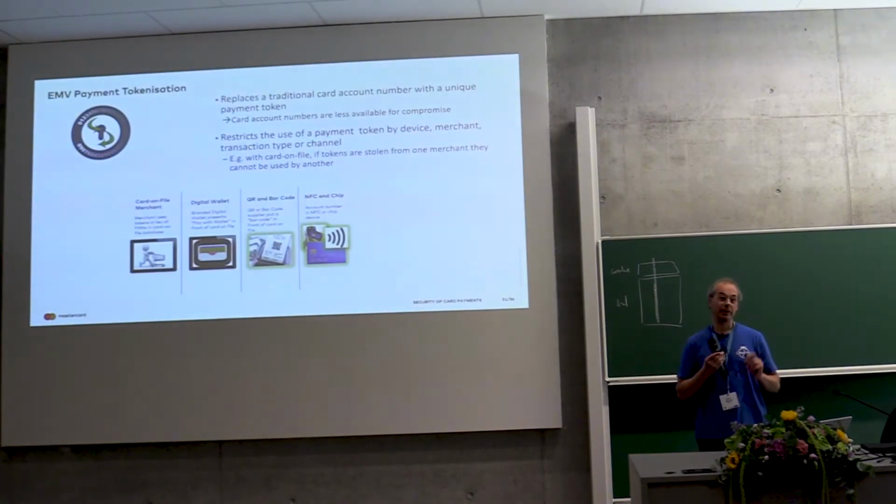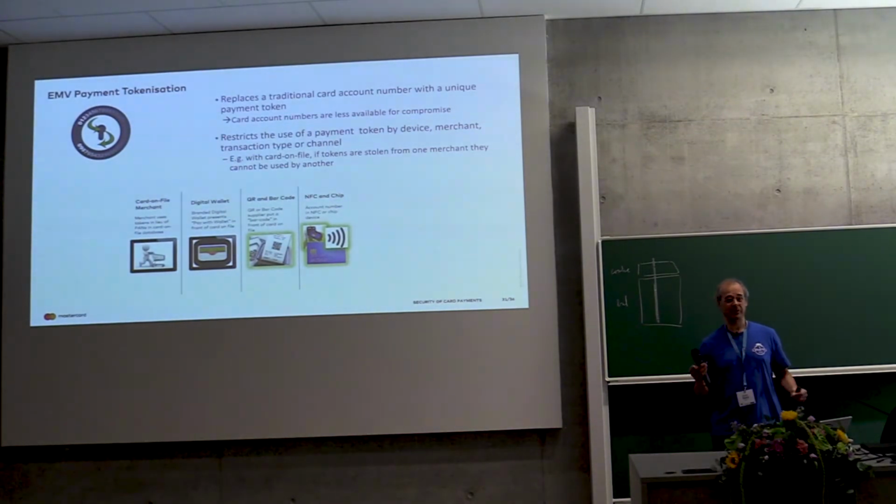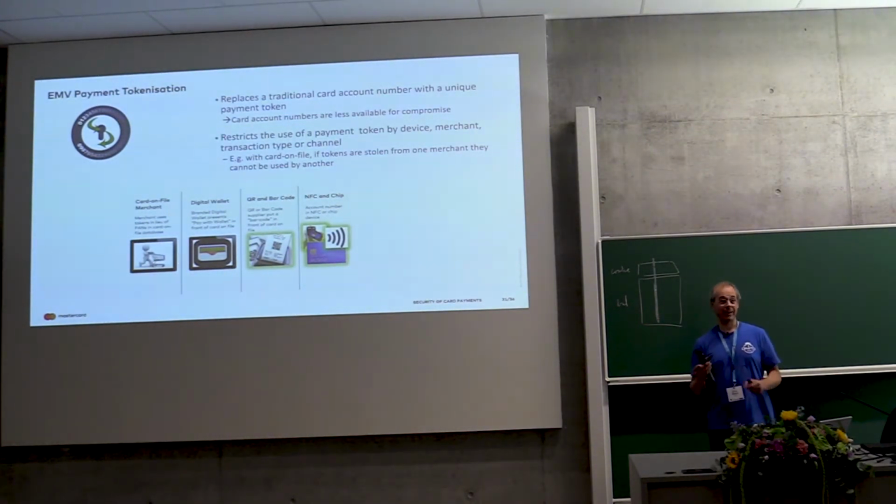EMV payment tokenization. So this is quite a clever technique. It's hugely simple, actually, when you think about it. Instead of having the same account number used for all of your transactions, you'll have a different number for different things.